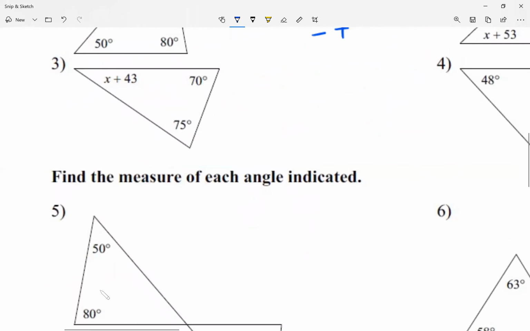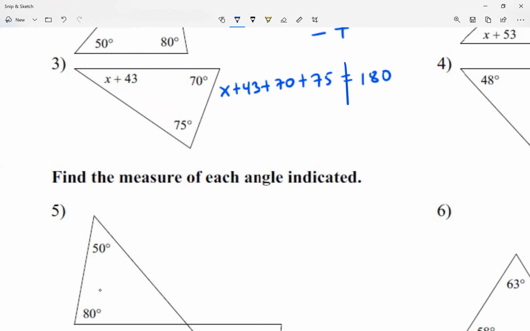Same idea for number 3. Let me add everything. x plus 43 plus 70 plus 75. It is equal to 180. Remember, we just learned the rule that when you add the 3 angles of a triangle, it always adds up to 180. All right, letter-wise, I just have an x.